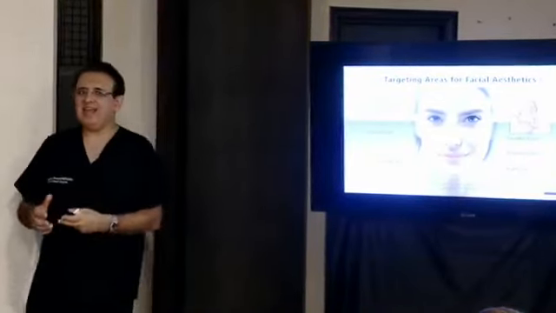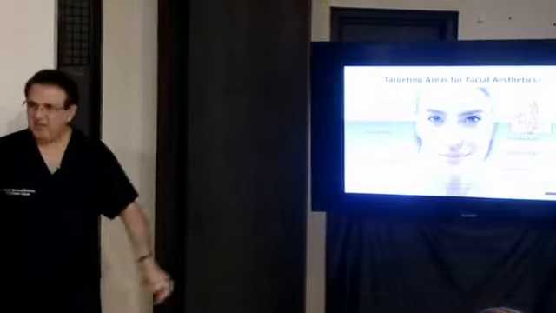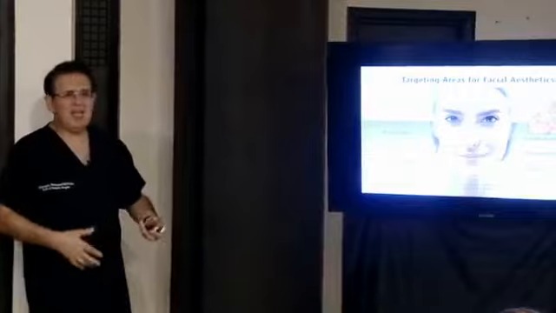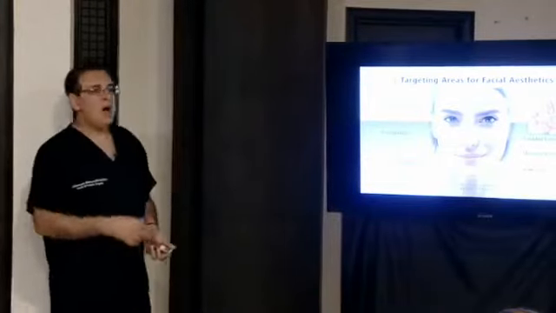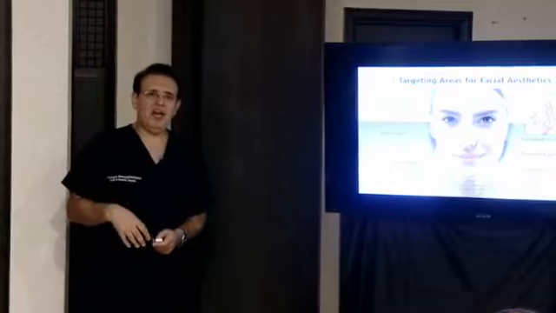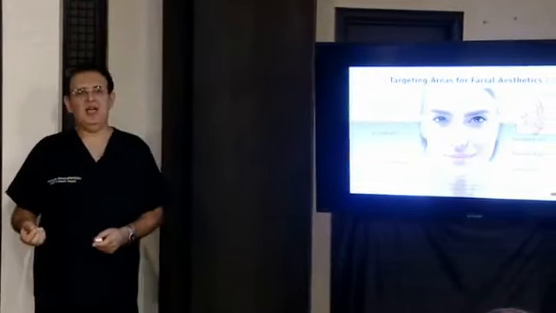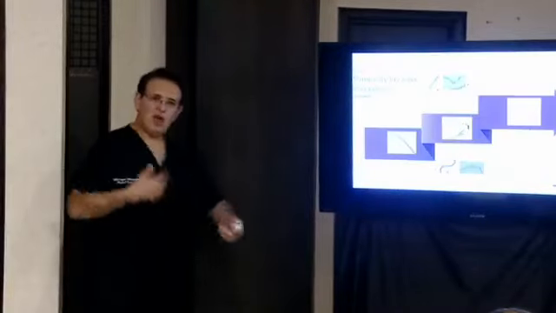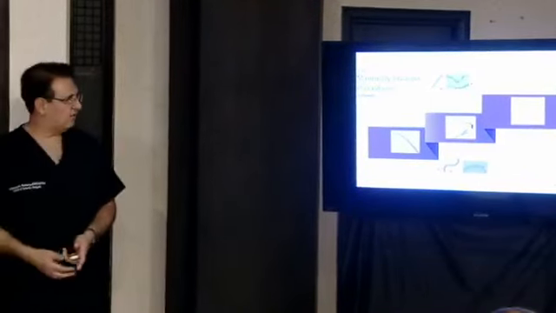You can technically put threads anywhere in the body, whether it's thighs, arms, breast, tummy, anywhere. People have done it, but in our part of the world, it becomes financially not viable because these are all dissolvable things, right?